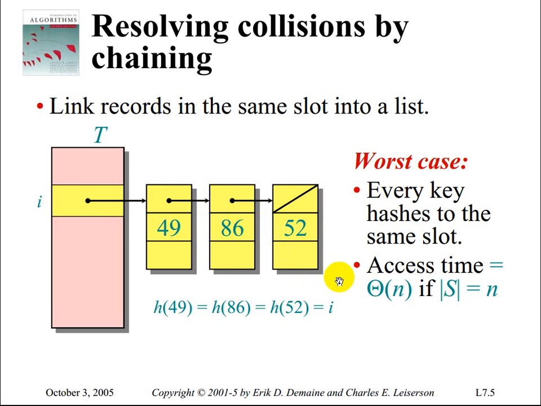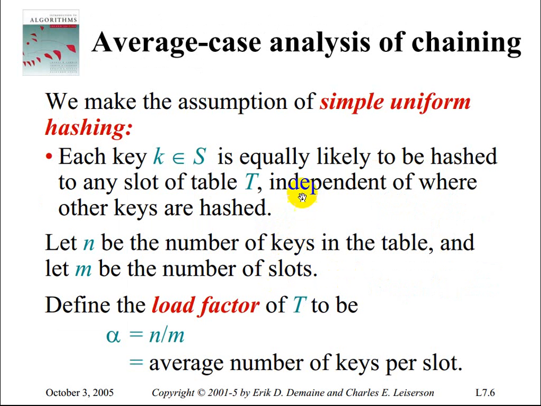But hopefully that is not the case if you choose a good hash function, and we'll talk about that. Okay, so this is just some load factor. Just remember, this load factor is the number of keys per slot, which is n over m, where n is the number of keys and m is the number of slots. So that's the load factor. Typically, you would want this to be 1. If it is 1, it means that, well, no, it's okay.